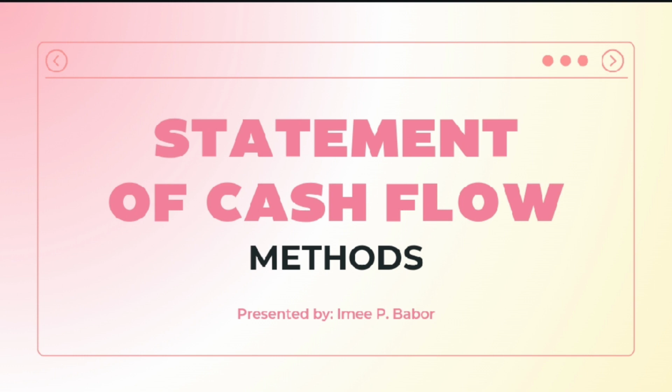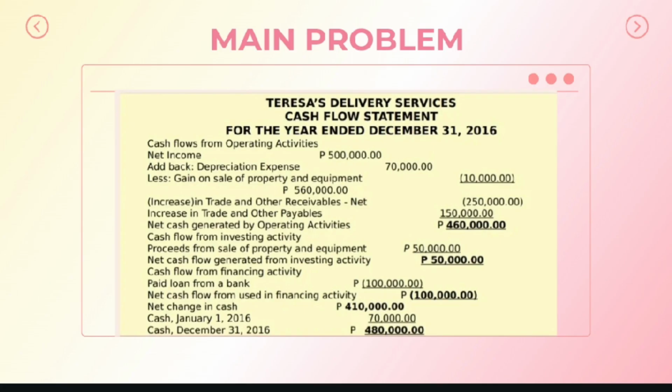Our topic is statement of cash flows, and my part is direct method and indirect method of cash flows. So here's the main problem. The cash flow statement for Teresa's Delivery Services for the year ended December 31st, 2016. The net cash generated from operating activities is 460,000, the net cash generated from investing activities is 50,000, and the net cash used in financing activities is 100,000.